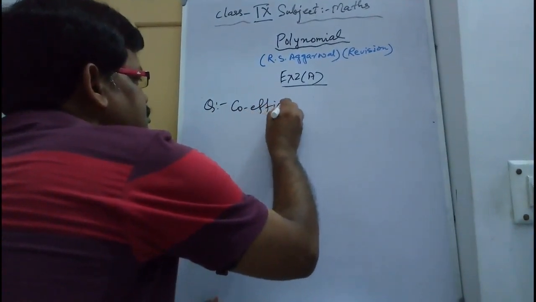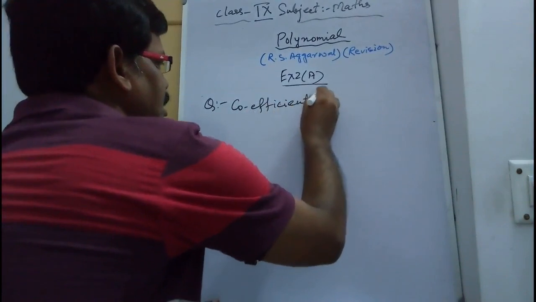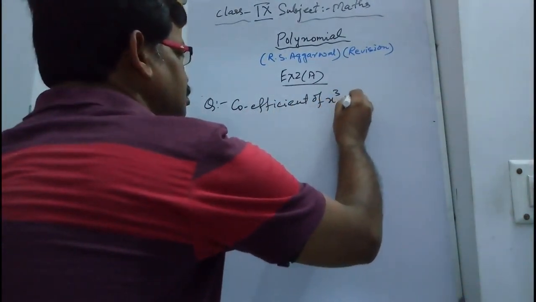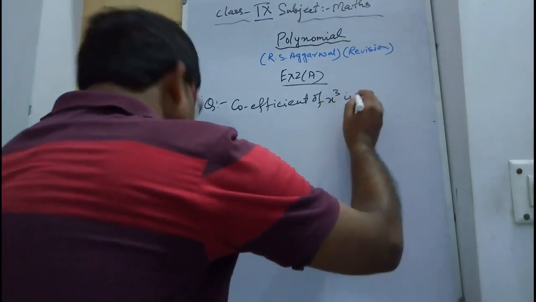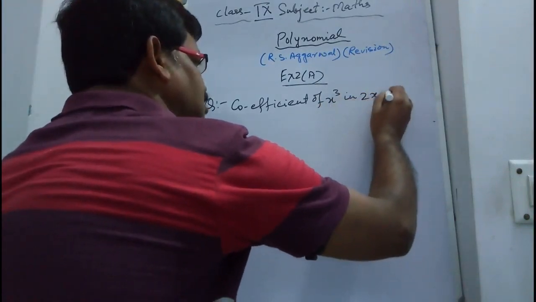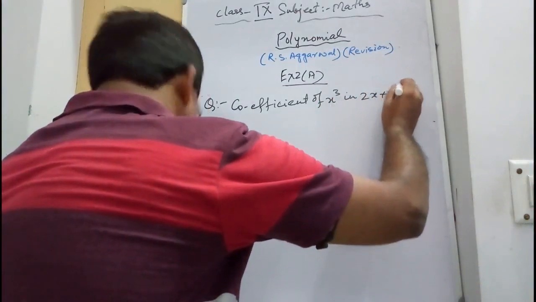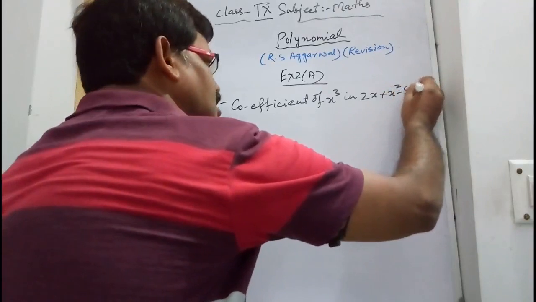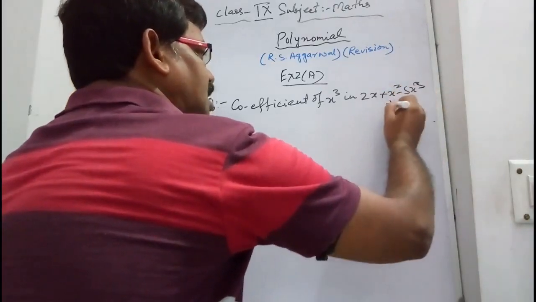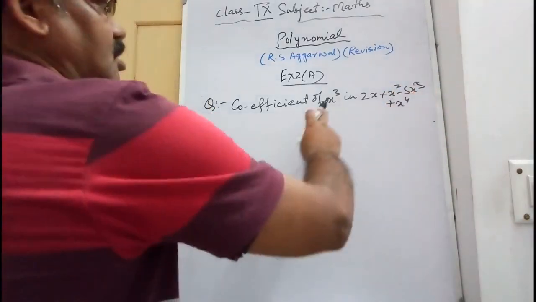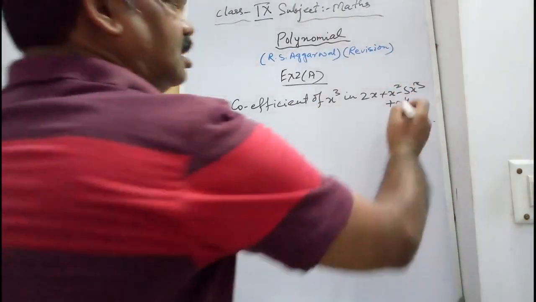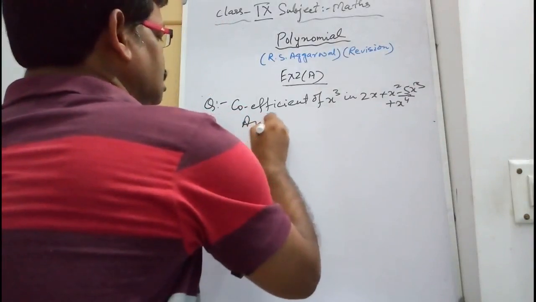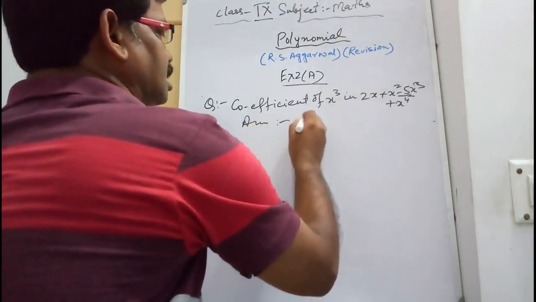Coefficient of x cube in 2x plus x square minus 5x cube plus x to the power 4. Coefficient of x cube is this one. So answer minus 5.